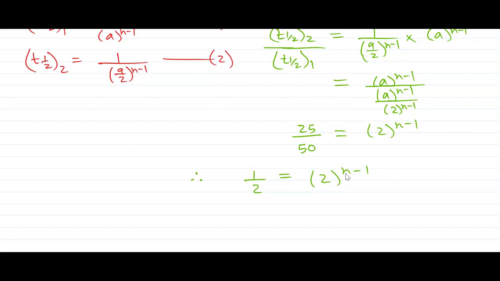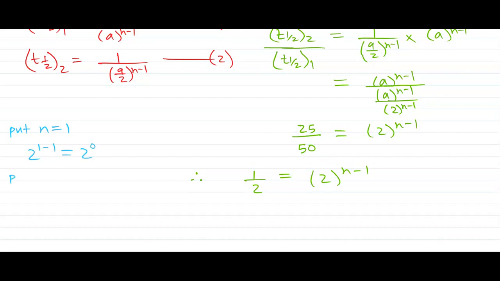Okay. So if we substitute the value of n to be equal to 1 over here, put n equal to 1. When you put n equal to 1, you will get 2 raised to power 1 minus 1, which is 2 raised to power 0.